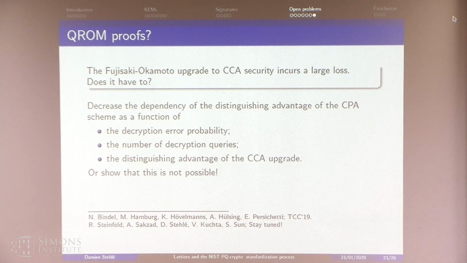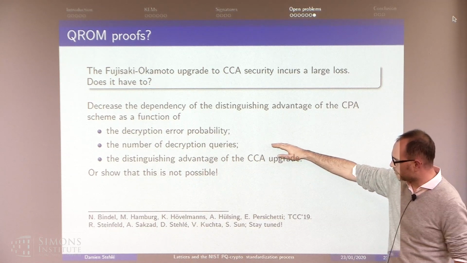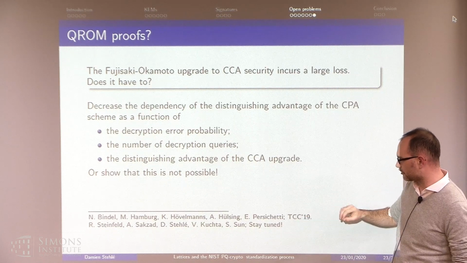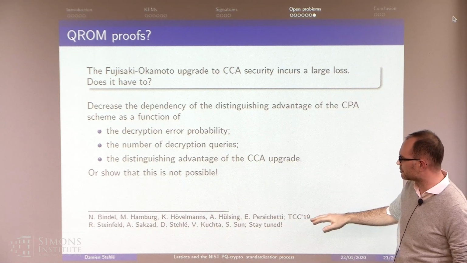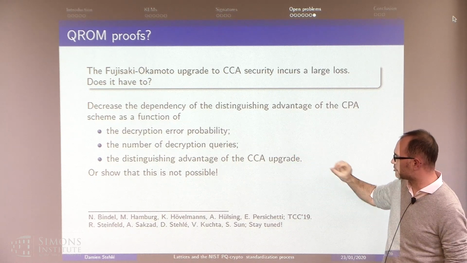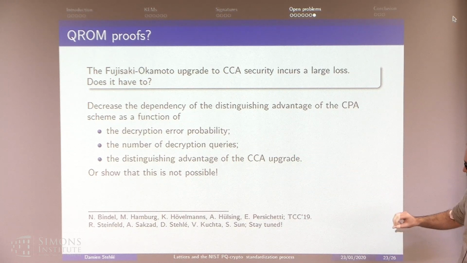There is a work at TCC also a couple of months ago that decreased a lot the dependency on the number of decryption queries. And I have a recent work with colleagues from Monash University that decreases the dependency in terms of the distinguishing advantage of the CCA upgrade, which we'll put online somewhat soon if we can.